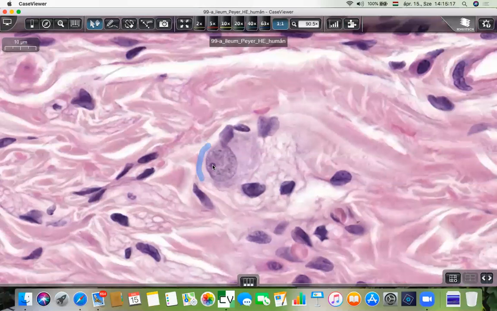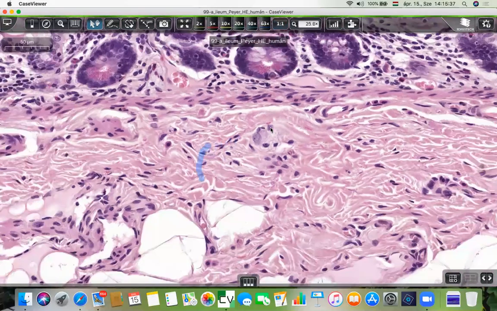A prominent nucleus is present, and unmyelinated nerve fibers also. So the Meissner's plexus eventually innervates the walls of the vessels in the submucosa, and also innervates the muscularis mucosae. Okay, thank you. You're welcome.